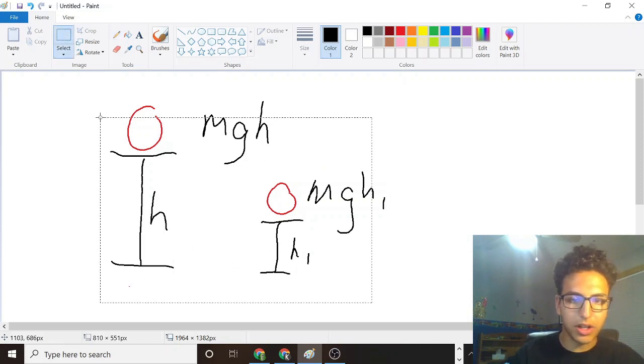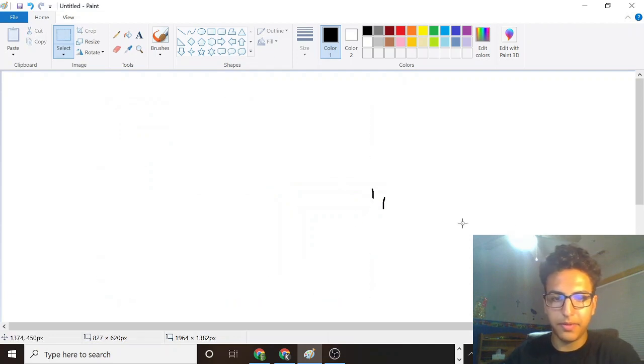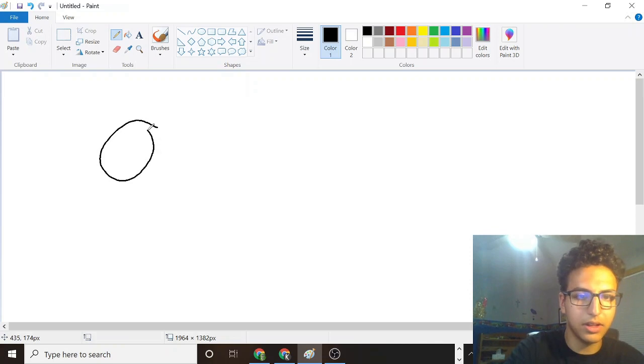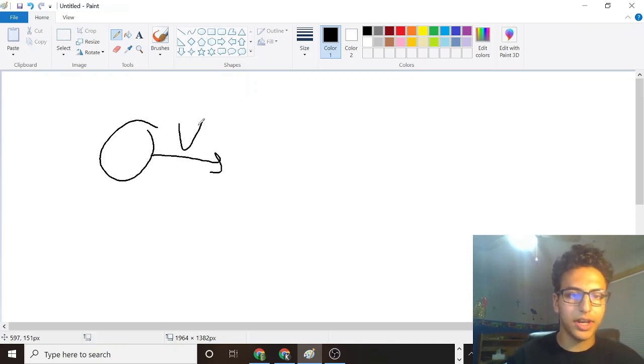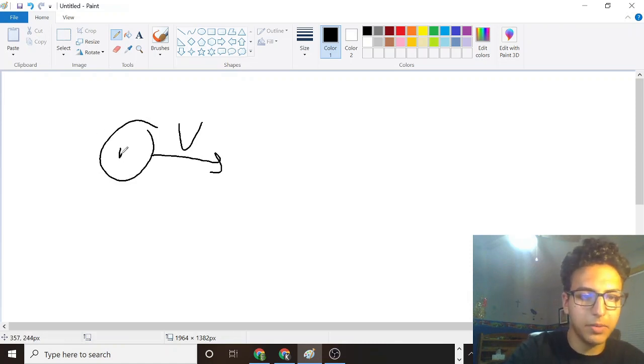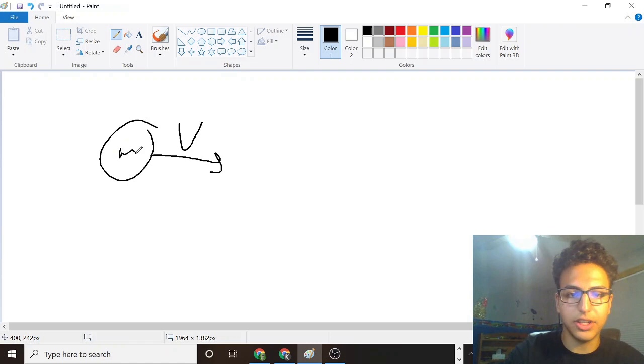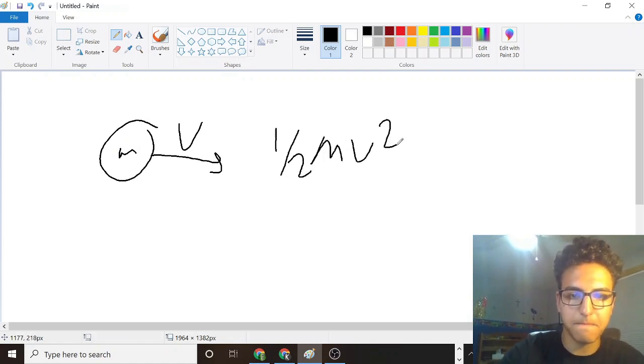Now what if a ball is already moving? Alright? So let's say here you've got a ball and it's moving with a velocity. Okay, and then we know by our kinetic energy formula, and the ball's mass, that its kinetic energy is 1/2 mv squared.